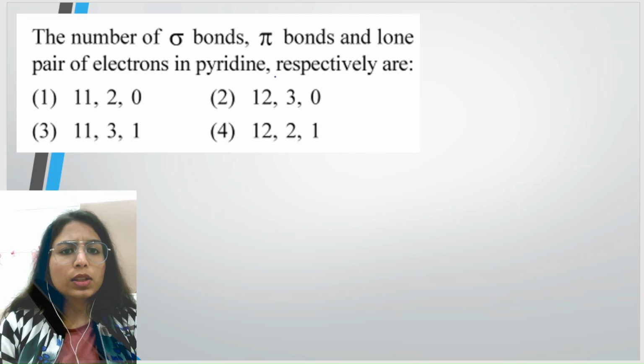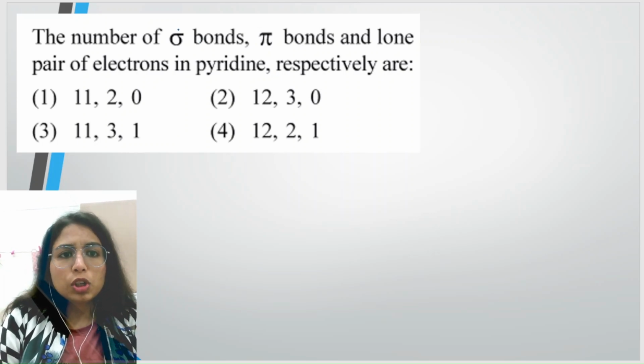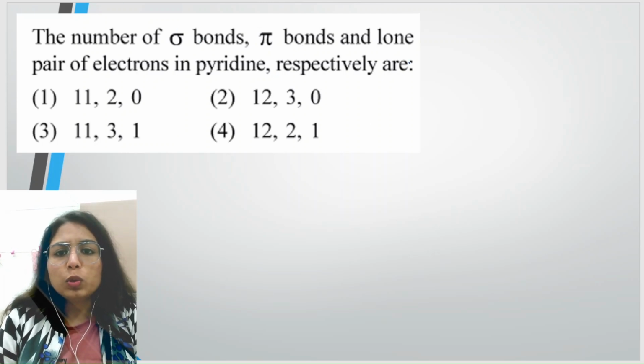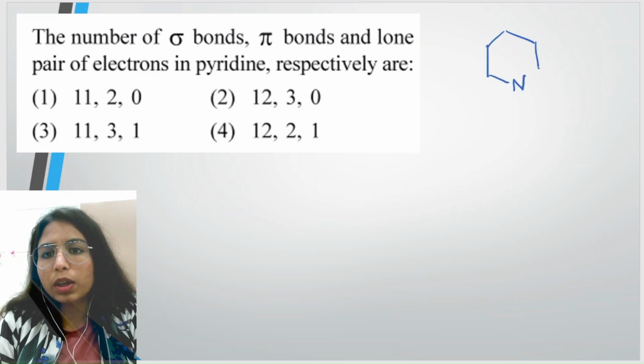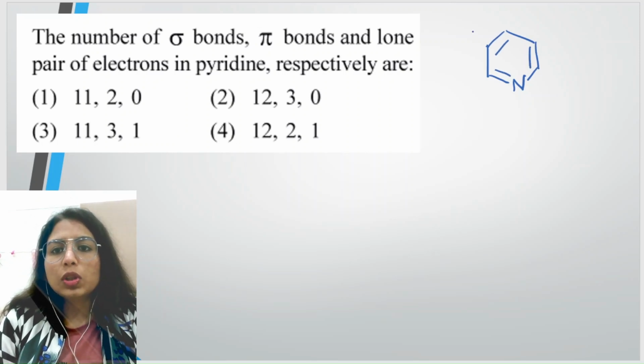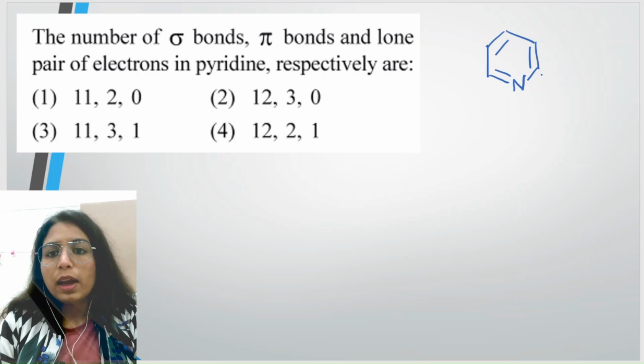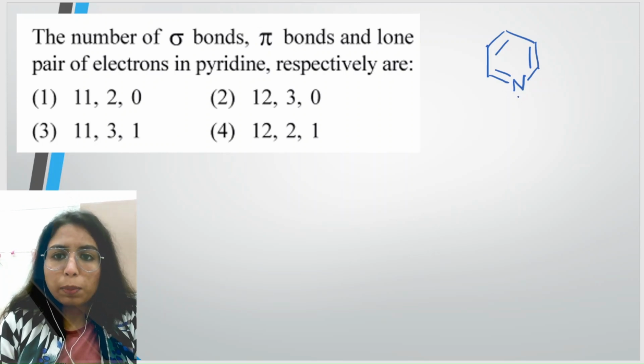To answer this question we first must know the structure of pyridine. Just like benzene, here we have the heteroatom nitrogen, and similar to benzene we have alternate double and single bonds. This is the structure for benzene, and if I replace one carbon atom by nitrogen, then we get the structure for pyridine.